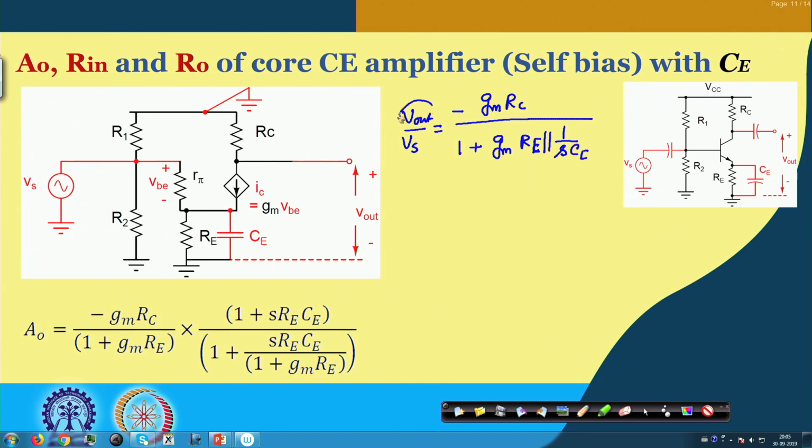Of course, now we are talking about the Laplace domain, so I should use a different symbol for this one. I should say rather Vout(S) divided by Vin(S) in the Laplace domain instead of the time domain. And then we can simplify this expression, and we can see that it will have an additional pole-zero combination. So, let me take a short break and then we will start from here.